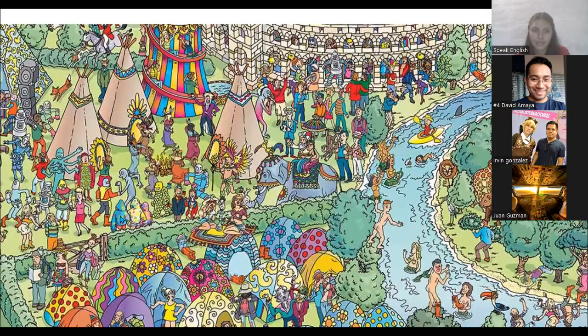Now I am going to ask you some questions, and depending on the countables and uncountables, you have to answer, okay? So let me check. You have to count how many elephants are in the picture.